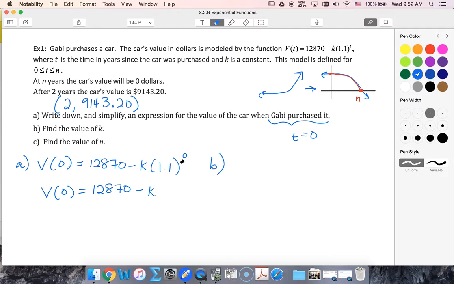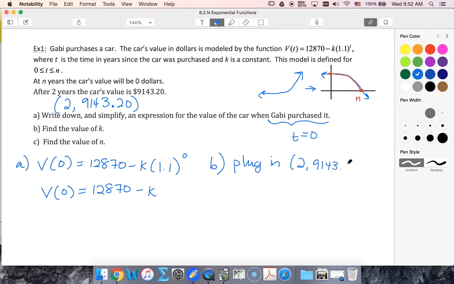All right, part B, find the value of k. So now we're going to use this point. We're going to plug in our point. So we know that this is our value after 2 years. So now the right-hand side of my equation, my value after 2 years is 9143.20.